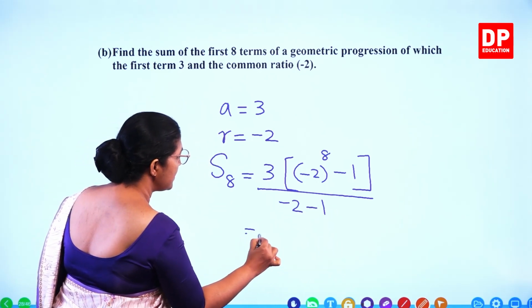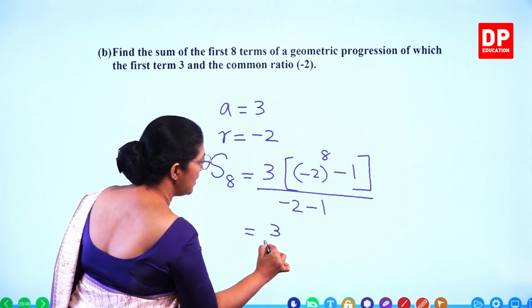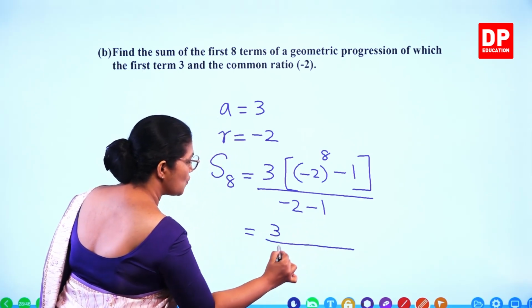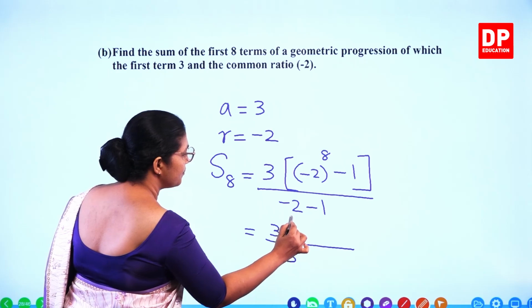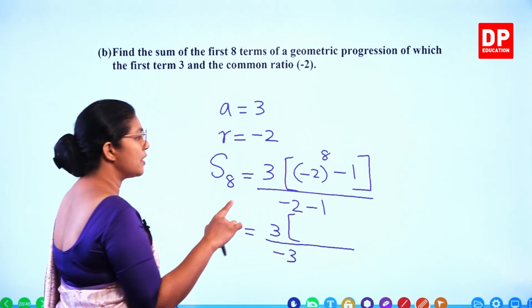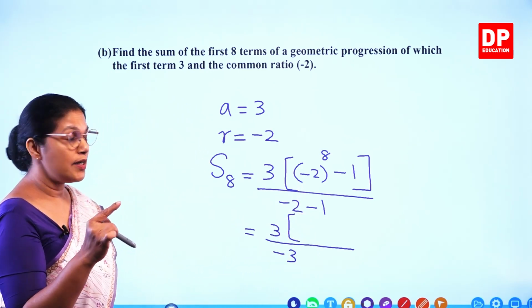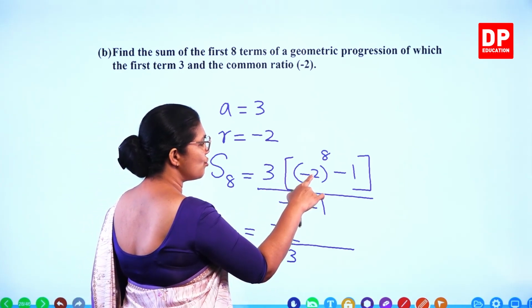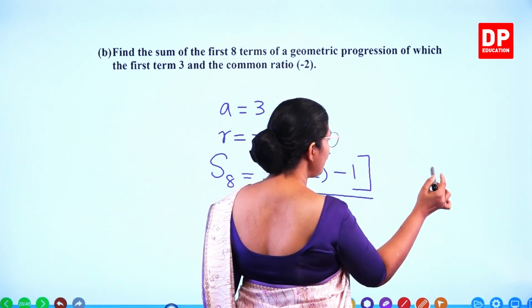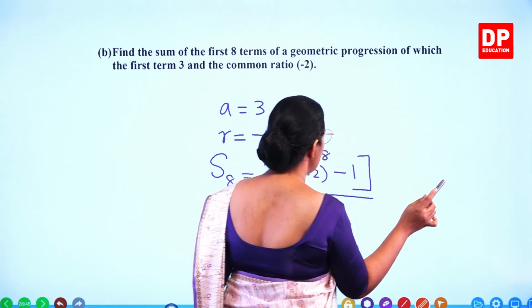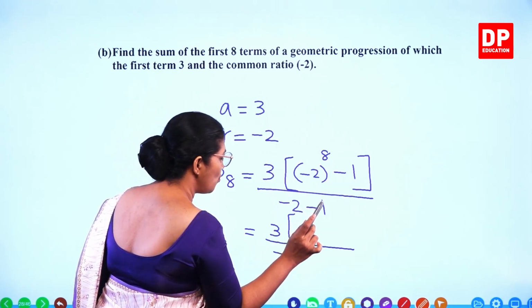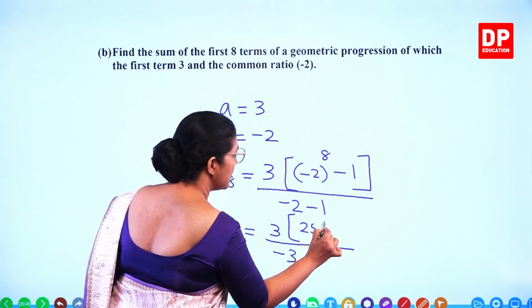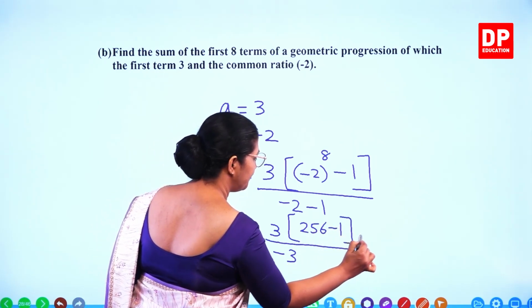Now simplify this: you get 3 here, and minus 2 minus 1 is minus 3. So what is this value? An even power of a negative number gives a positive number. 2 to the power 8 is 256, and 256 minus 1 is 255.